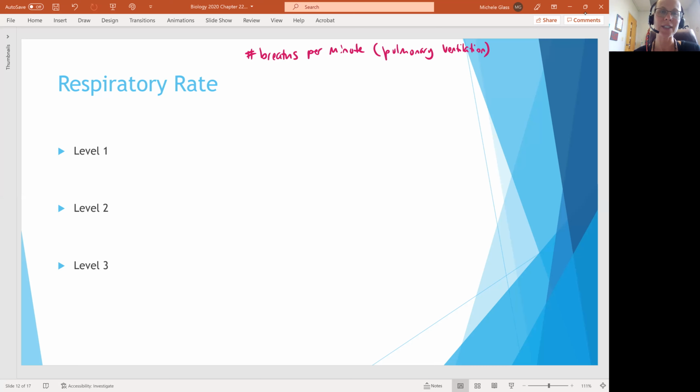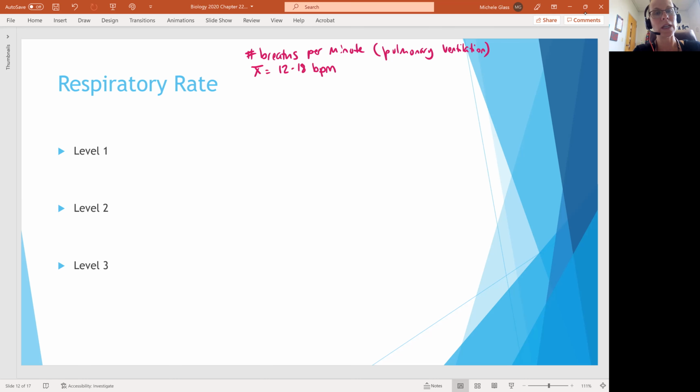If you remember, this is just one piece of the external respiration. The average adult respiratory rate is between 12 and 18 breaths per minute. I'm using a BPM to represent breaths per minute instead of beats per minute here.